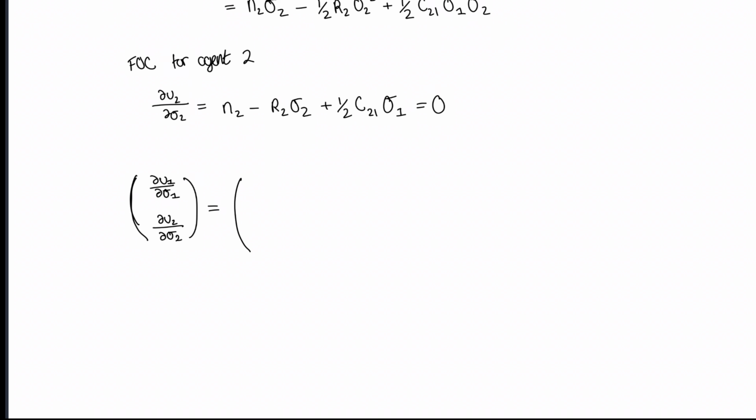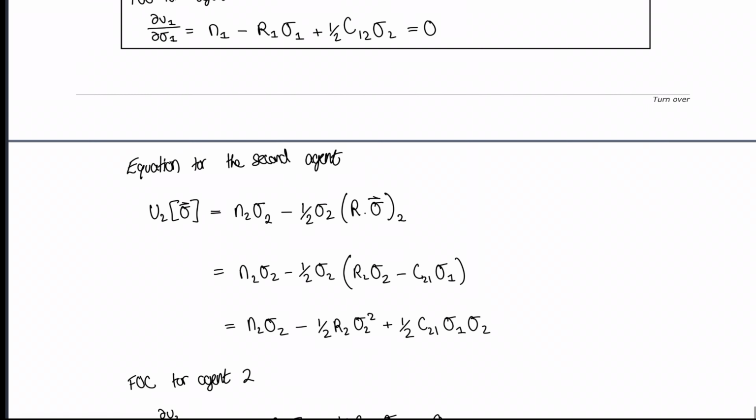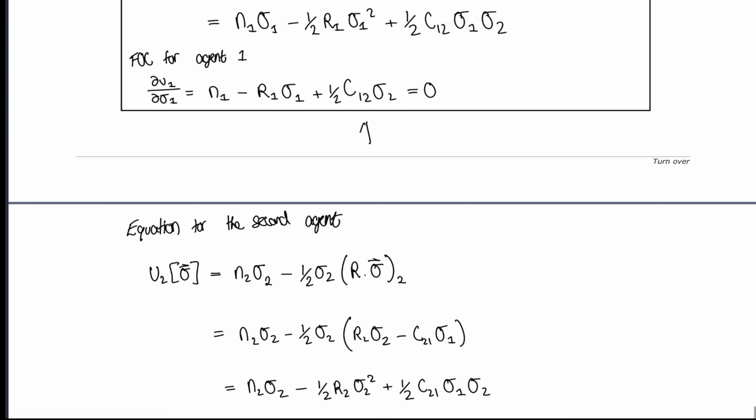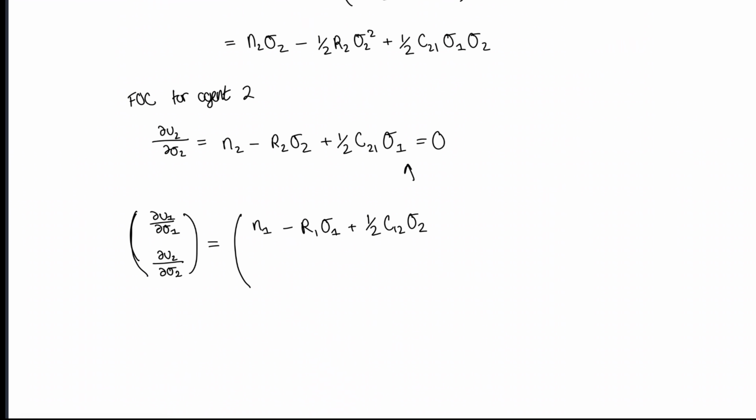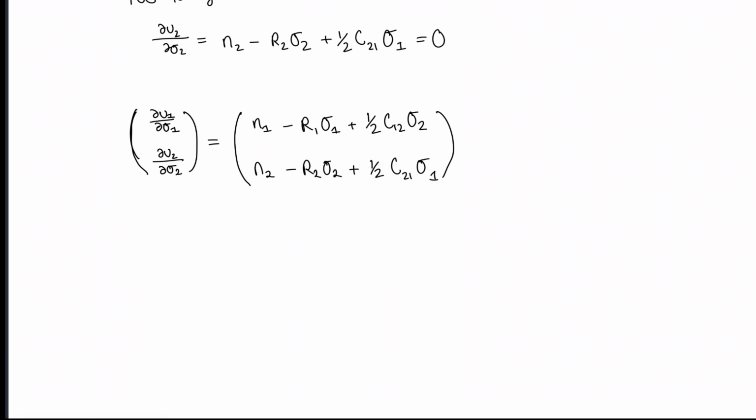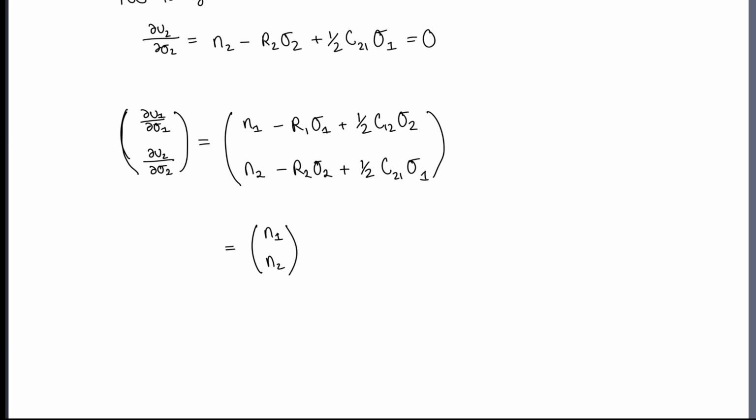So this is just going to equal eta 1 minus R1 sigma 1 plus a half C12 sigma 2, this first order condition, and then underneath that we have eta 2 minus R2 sigma 2 plus a half C21 sigma 1. Now this can be written as eta 1, eta 2, minus the matrix R1, minus a half C12, minus a half C21, R2, multiplied by sigma 1, sigma 2.